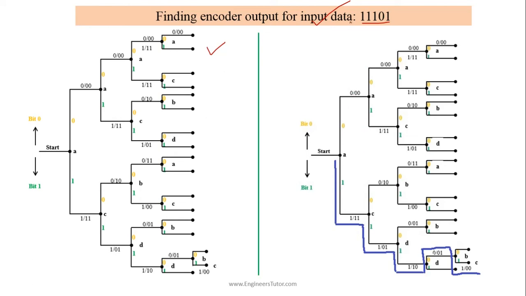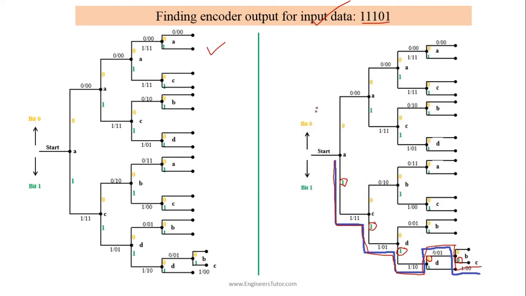So this input stream we should represent here. The incoming bits are 1 1 1 0 1. So we have to draw the path like this: incoming bit 1, next incoming bit 1, next 1, 0 and 1.